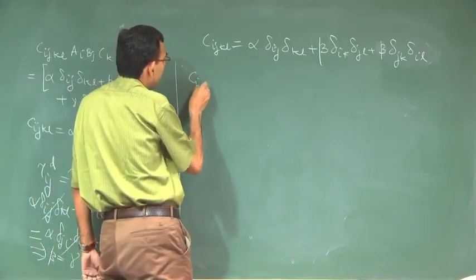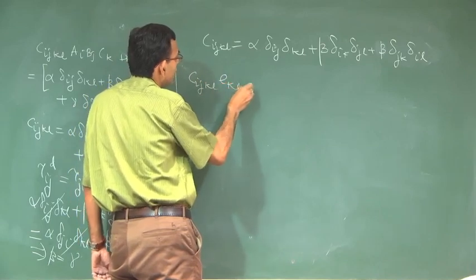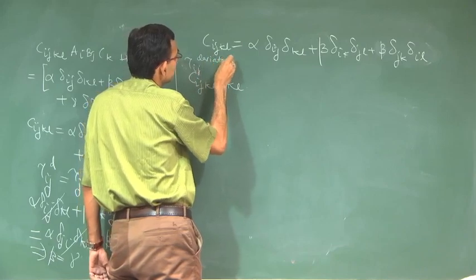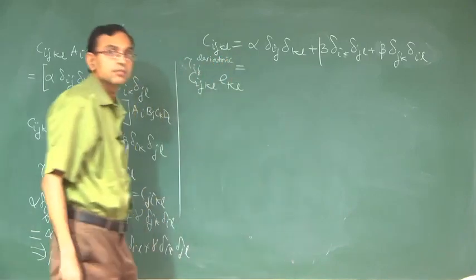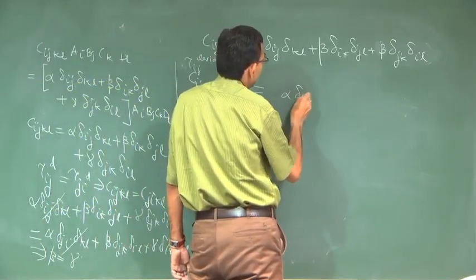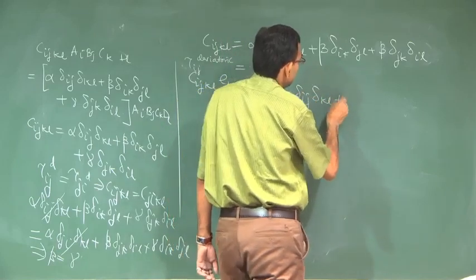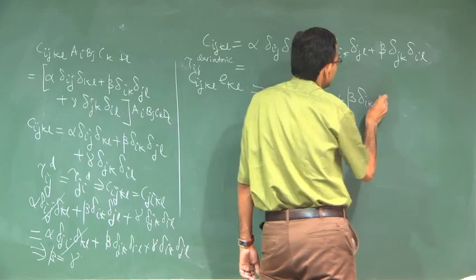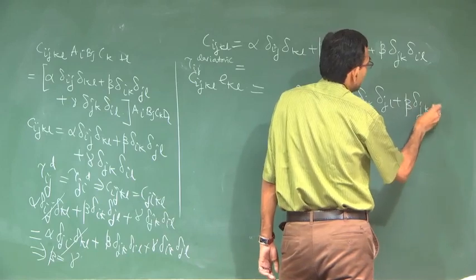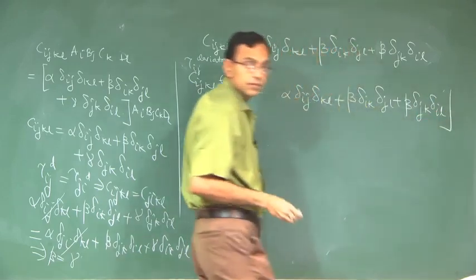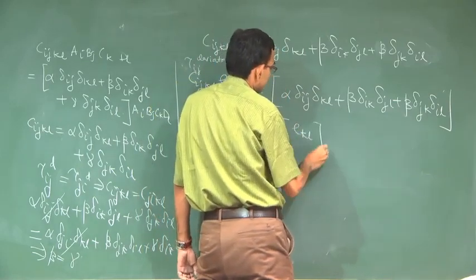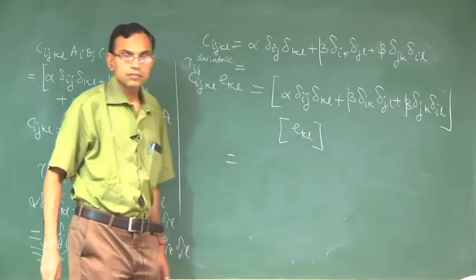So, Cijkl into ekl, this is tau ij deviatoric. So, this is alpha delta ij delta kl plus beta delta ik delta jl plus beta delta jk delta il into ekl.